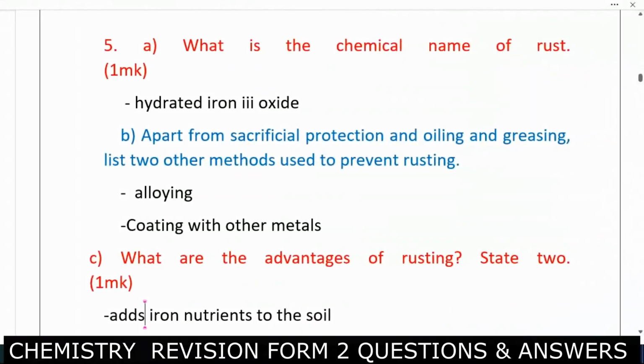We can use alloying. You can also use coating with other metals.